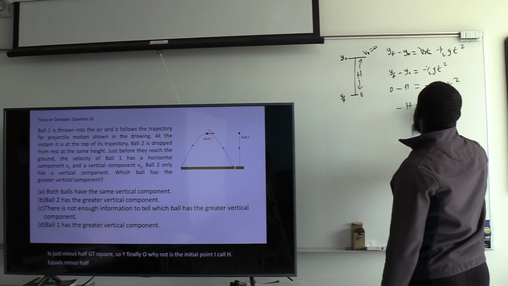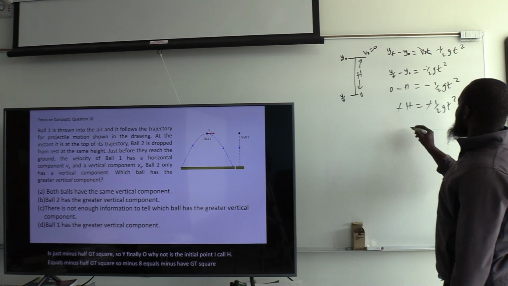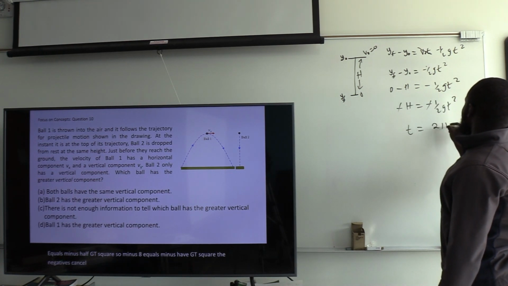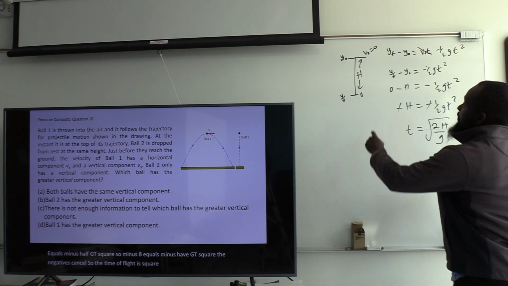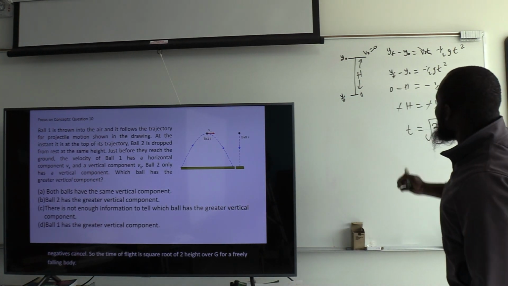So minus h equals minus half g t squared. The negatives cancel. So the time of flight is square root of 2h over g for a freely falling body.